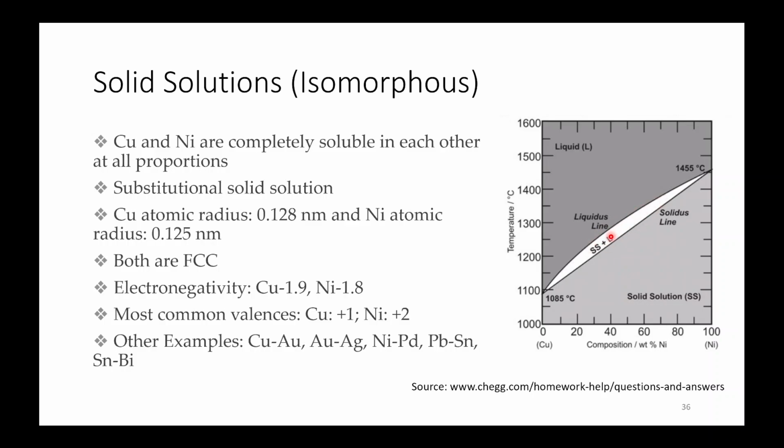Here it is both liquid and solid, some part solid, and here it is a complete solid solution, your nickel copper solid solution. These are their melting points. For copper it is 1085 and for nickel it is 1455. Other examples are copper gold, gold silver, nickel palladium, lead tin, and tin bismuth.